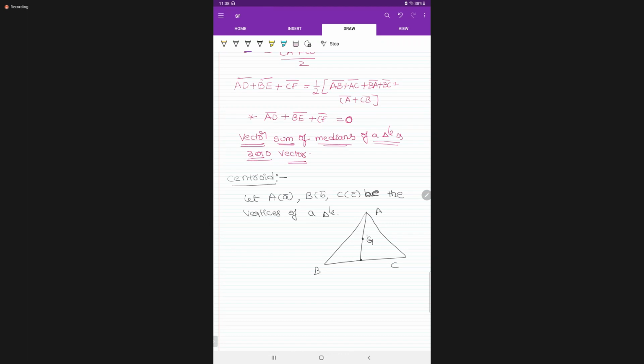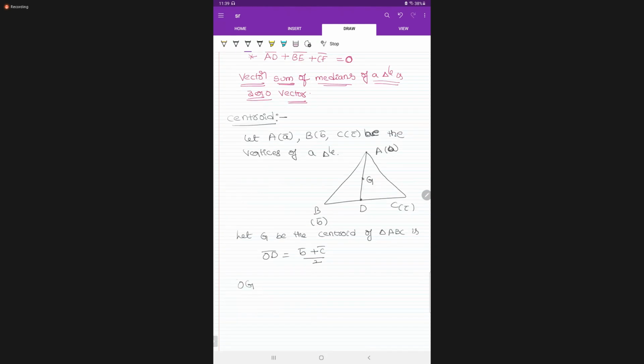Centroid G we have to find out. What is the formula, students, for this? Let G be the centroid of triangle ABC. Take it as OD. OD is equal to B bar plus C bar by 2, the midpoint.